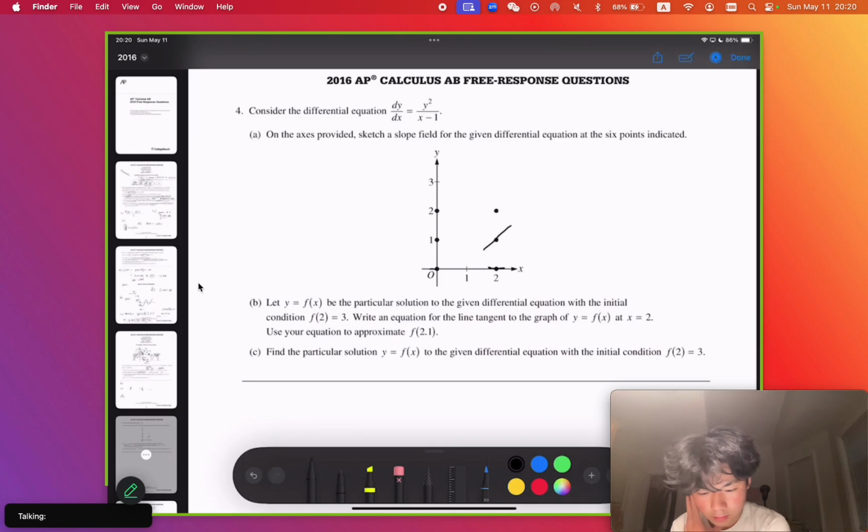Because 2 minus 1 is 1, 1 over 1 is 1. And then when you get 2, it's 4 over 1, you get this. And then 4 over -1, you get this, since x is 0. And then 1 over -1 is -1.